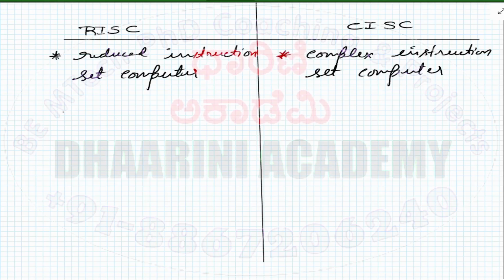Now, the basic feature of RISC is that the execution time is very less for a given instruction.